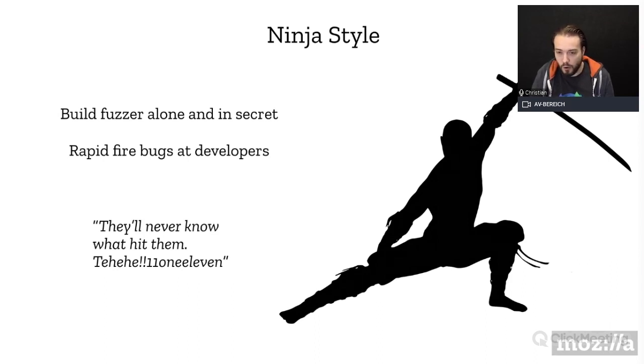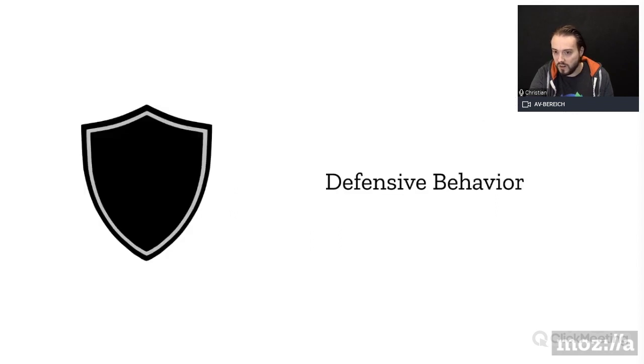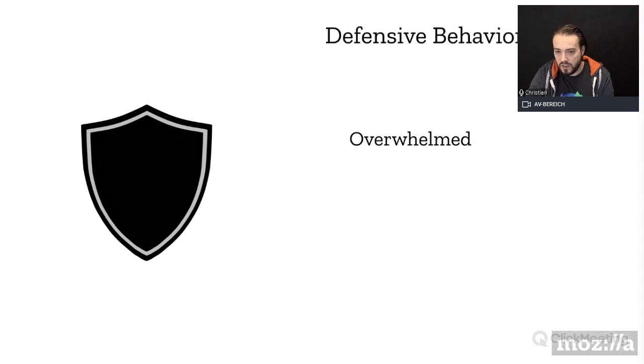To some extent, this is also a normal human reaction, but it's of course totally not helpful, because what you will get when doing this is defensive behavior from developers. And there are multiple reasons why defensive behavior pops up in fuzzing from the developer side. I'm trying to summarize just the major cases here. The first thing is that developers can quickly feel overwhelmed.